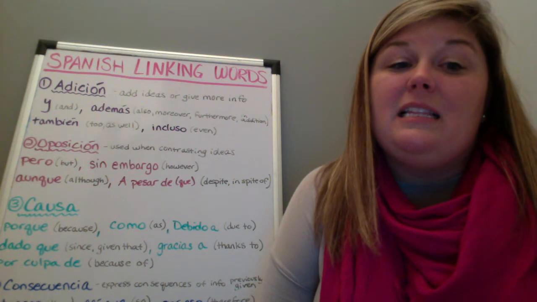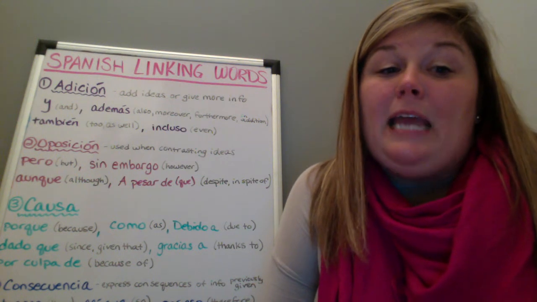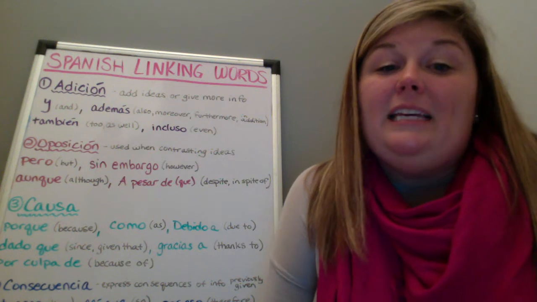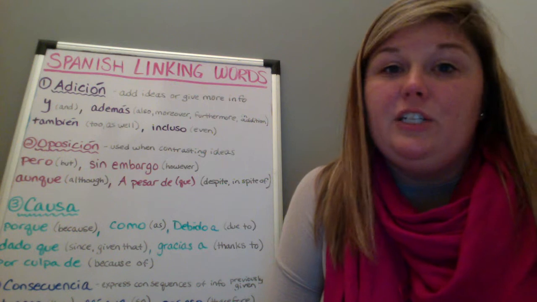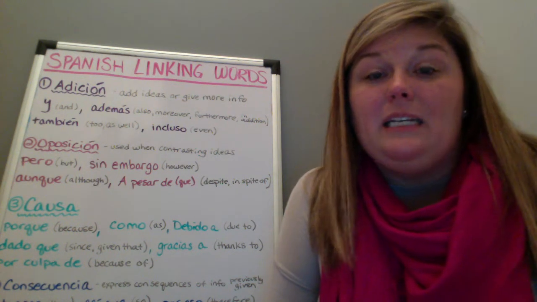An example of this is, Él vive en un pueblo bonito y tranquilo. He lives in a nice and quiet or calm village. So we use y, and, to connect two ideas.